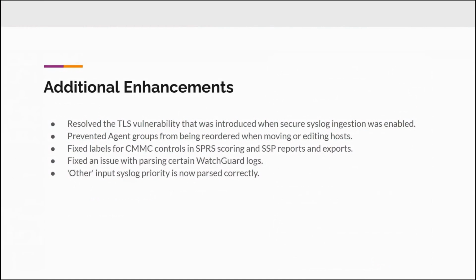So that's been fixed. That was brought to our attention. One of the things that people complained about was just agent groups being reordered when you would edit them. That's been removed. That was kind of a gripe of mine. Fix labels and CMMC controls. Yeah, so just a couple other fixed issues in this update.